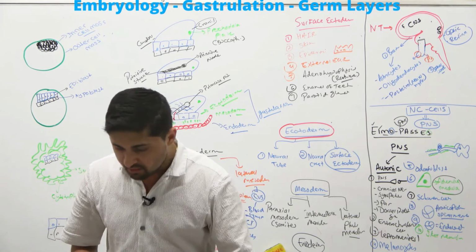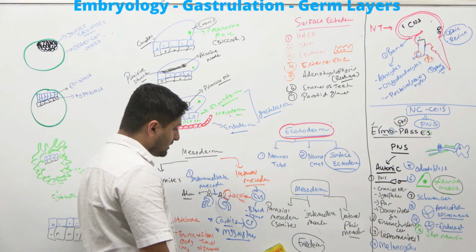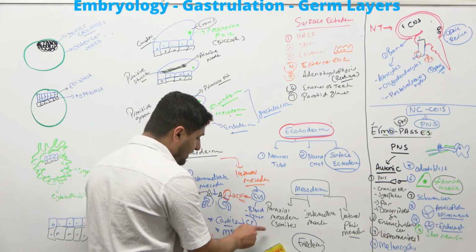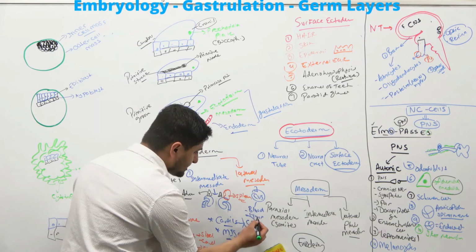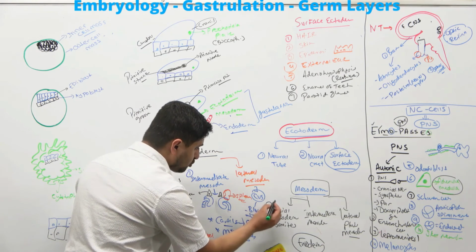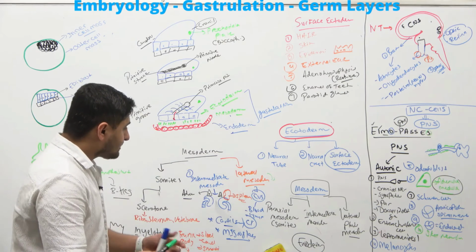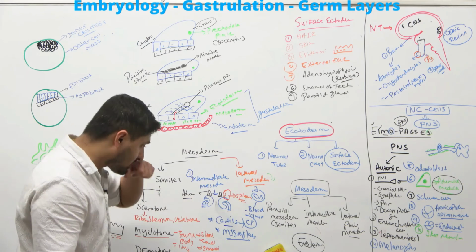And most importantly, you have to remember that the lateral mesoderm gives blood and lymph and all that. To be very specific, the splanchnic mesoderm gives rise to your cardiovascular system.